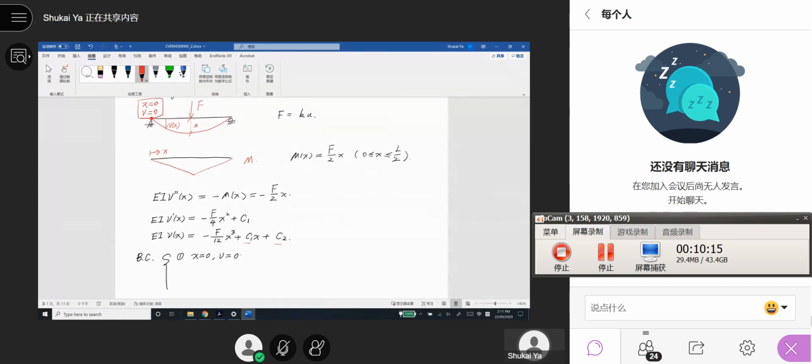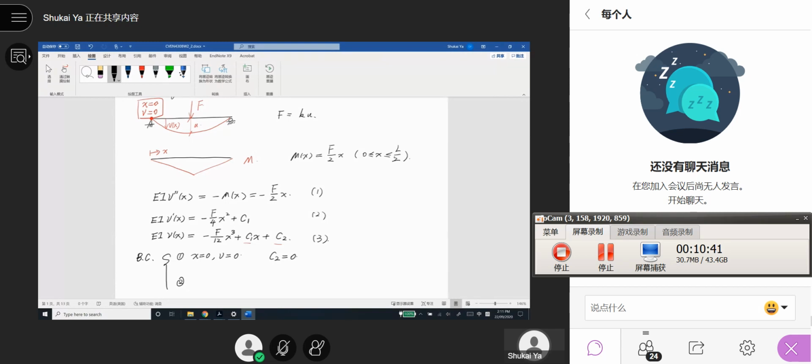If we substitute this boundary condition in equation 3, we get C2 is equal to 0. Then we need another equation to determine C1.